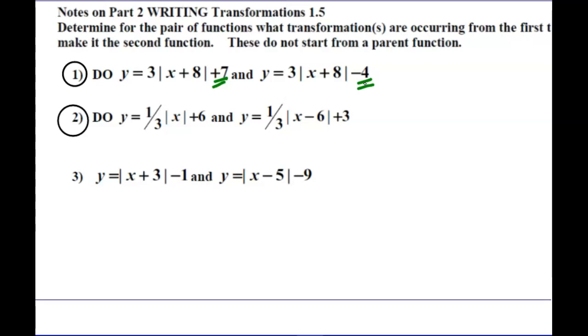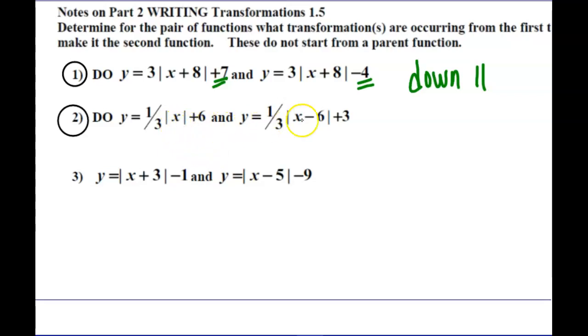Down at -4. So what actual change was that? How much? 11 down. I think that's what they want us to write. Do not start from a parent function. What transformation occurred? Yes. So this was just shifted down 11 because it went from 7 all the way down to -4.